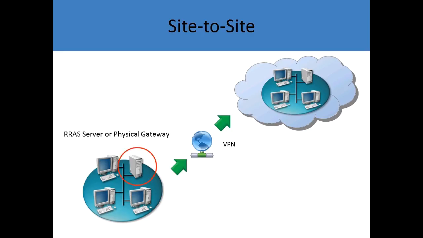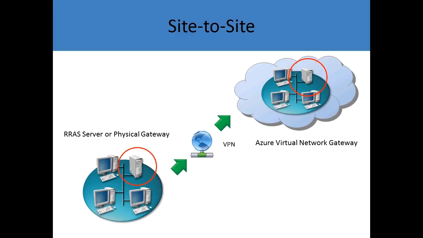So the first option with the site-to-site, you have to create and or configure an RAS server, routing and remote access server, or any kind of physical gateway. And there can be really anything that's acceptable with respect to your organization is fine. So Juniper or Cisco devices, just any kind of gateway within your environment set up for all of the outgoing connections. And then within Windows Azure, you effectively do the same thing. You set up a network gateway within the virtual network to establish the communications between those two endpoints.